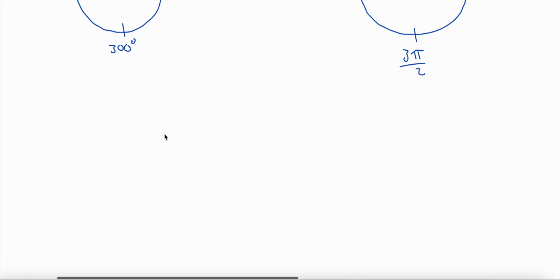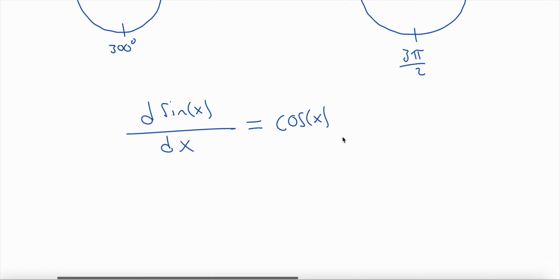And we can take the derivative of the different trigonometric functions such as sine, cosine, tan. If we look at the derivative of sine of x using radians, then the derivative is just going to be cosine of x.